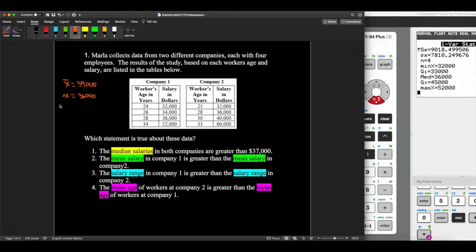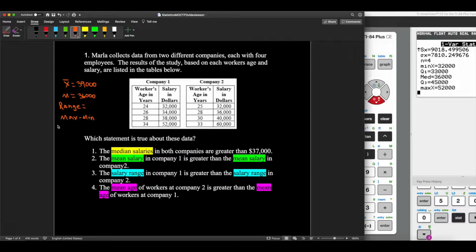Remember range. There is nothing in the calculator that says range equals. Range is always max, and I'm writing it out just for review purposes, minus the min.